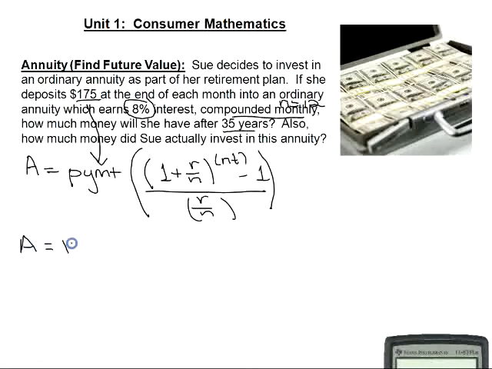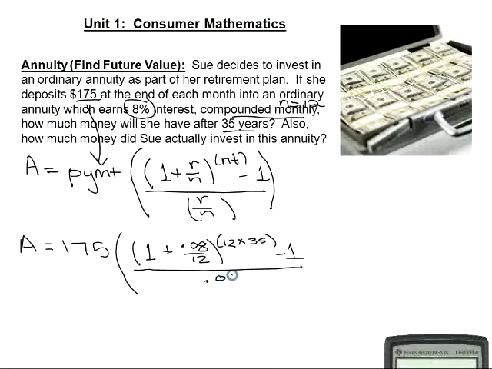A equals her $175 monthly payment times, parentheses, 1 plus 0.08 over 12, raised to the 12 times 35, minus 1, all over 0.08 over 12.